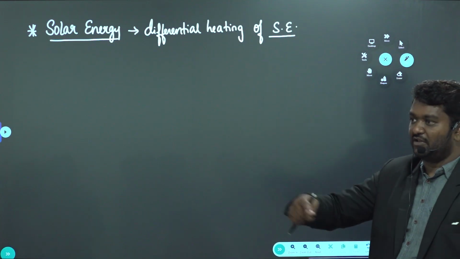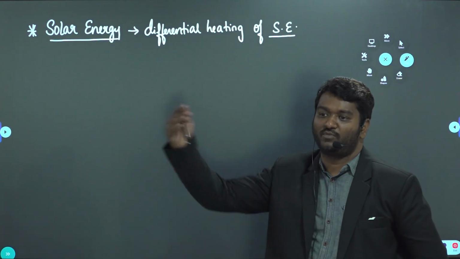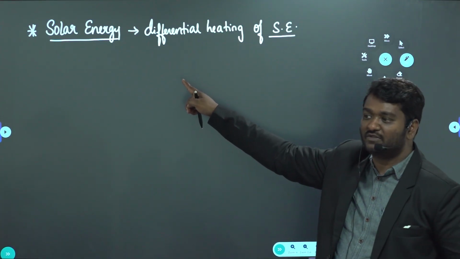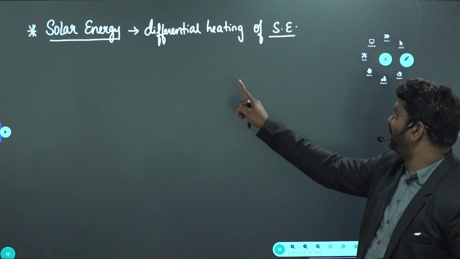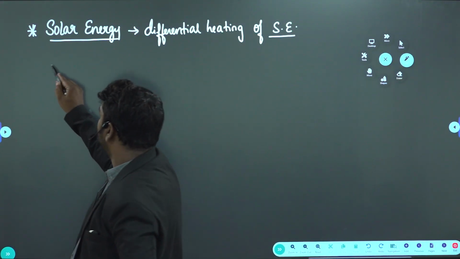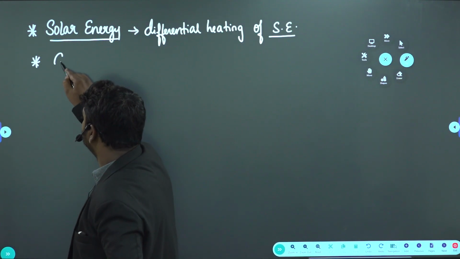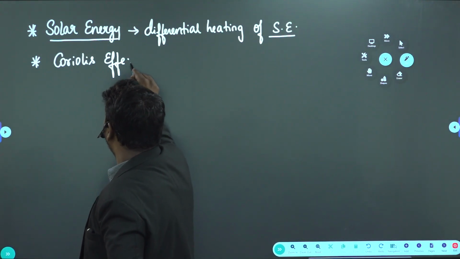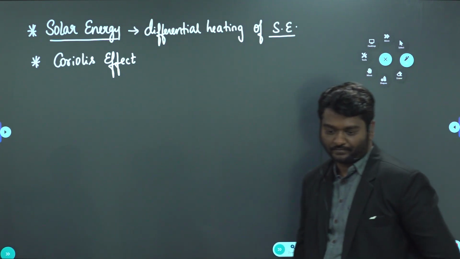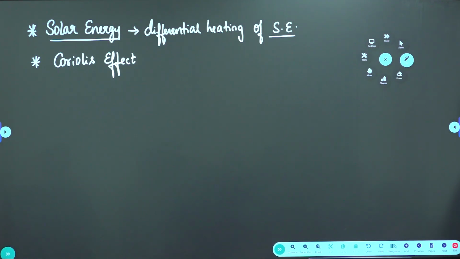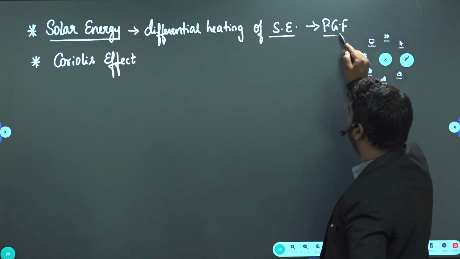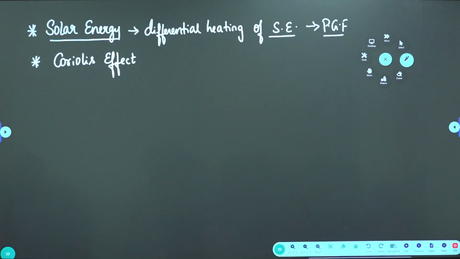Do you recollect? Circulation in the atmosphere is due to what? Equator is more hot, poles are less. Because of that, circulation occurs. So the first factor responsible is differential heating of solar energy. Second factor is what? Coriolis effect. Actually, this differential heating leads to pressure gradient force.